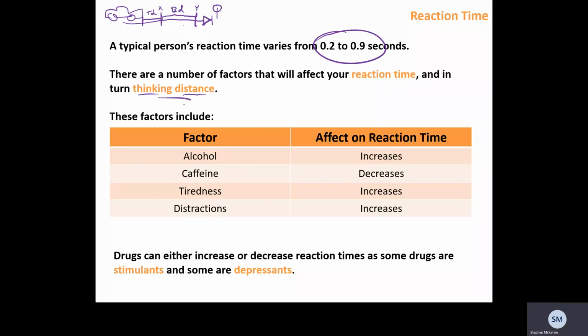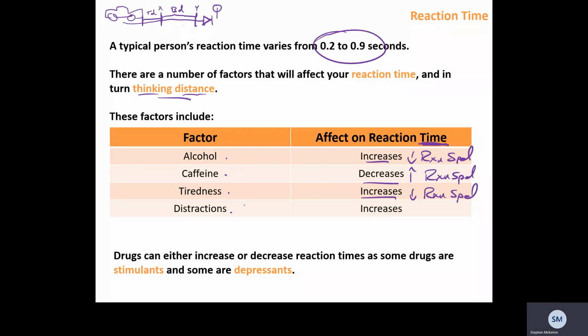Now, things that can affect the thinking distance, your reaction times: alcohol, caffeine, tiredness, and distractions. Alcohol increases reaction time, so it decreases reaction speed. Caffeine decreases reaction time, so it increases your reaction speed. Tiredness increases your reaction time, so it decreases reaction speed.